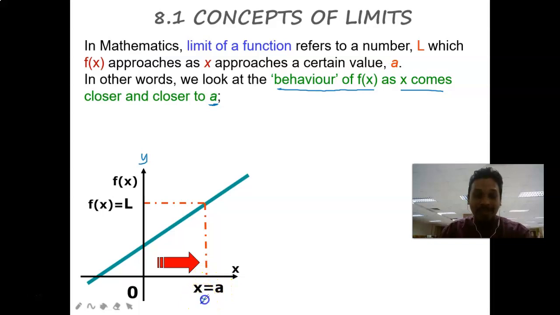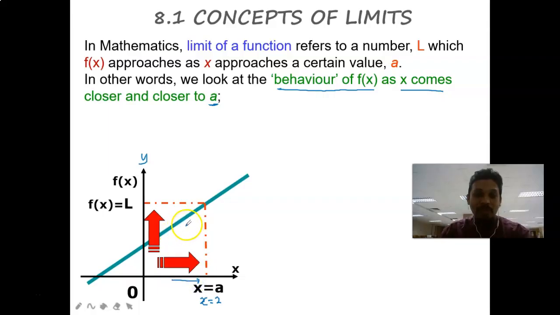Imagine that the value of x approaches 2 from the left, from negative 2, negative 1, 0, 1, 1.3, 1.5, 1.6, 1.7, 1.8, 1.9, 1.99, 1.9999, you just name it, any value of x that pushes to a from the left. So x approaches a from the left.